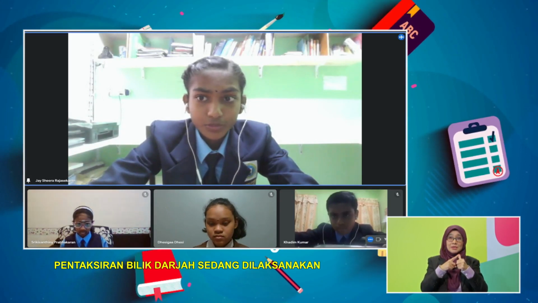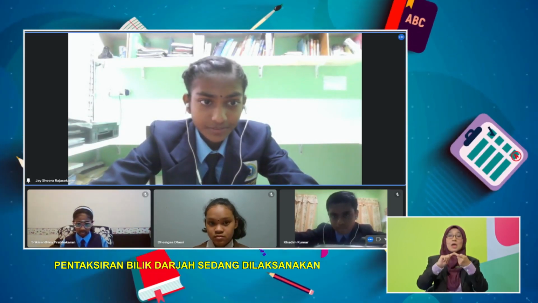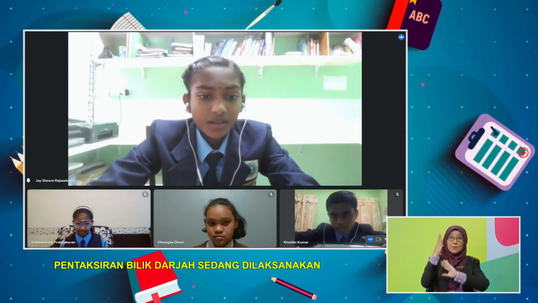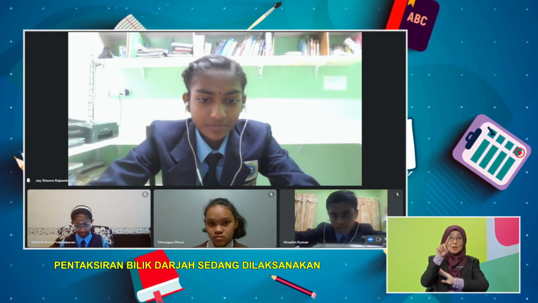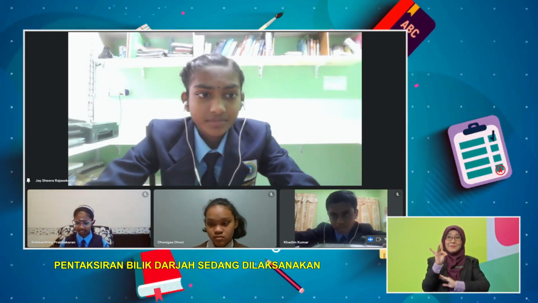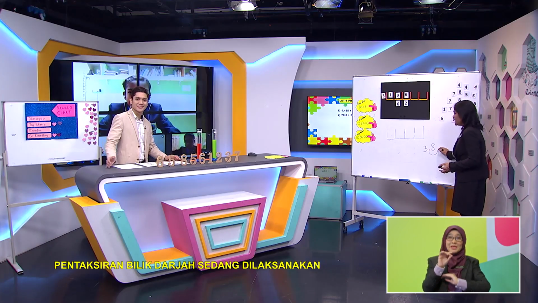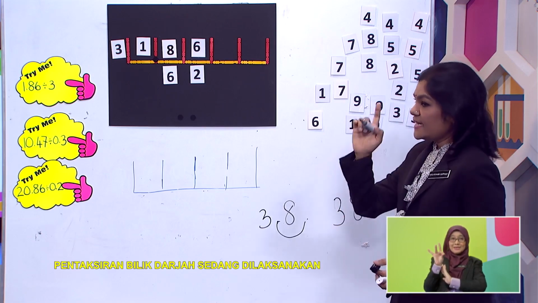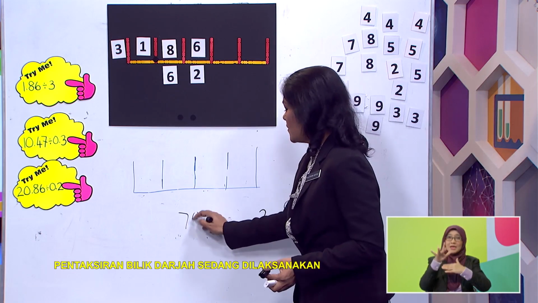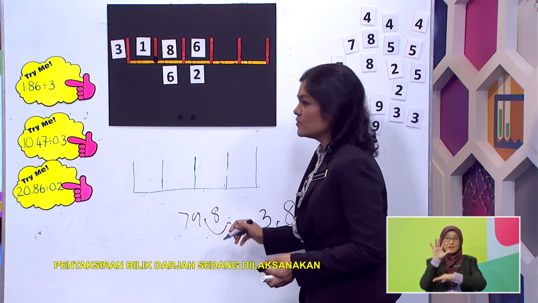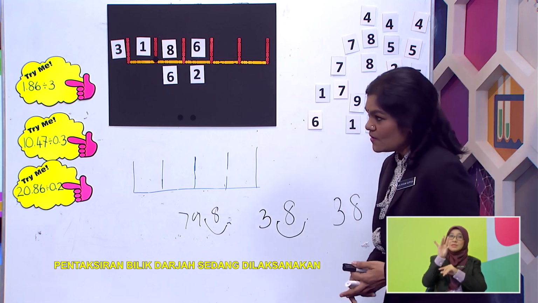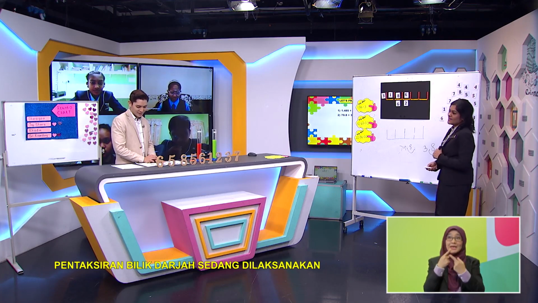We have to move the decimal place one step. The divisor is a decimal number, 3.8. So you move it one place, you get 38, right? And at the same time, 79.8, you move one place also, so it becomes 798 divided by 38. What's the answer? 21. Is that correct? I believe so. Yes, well done.